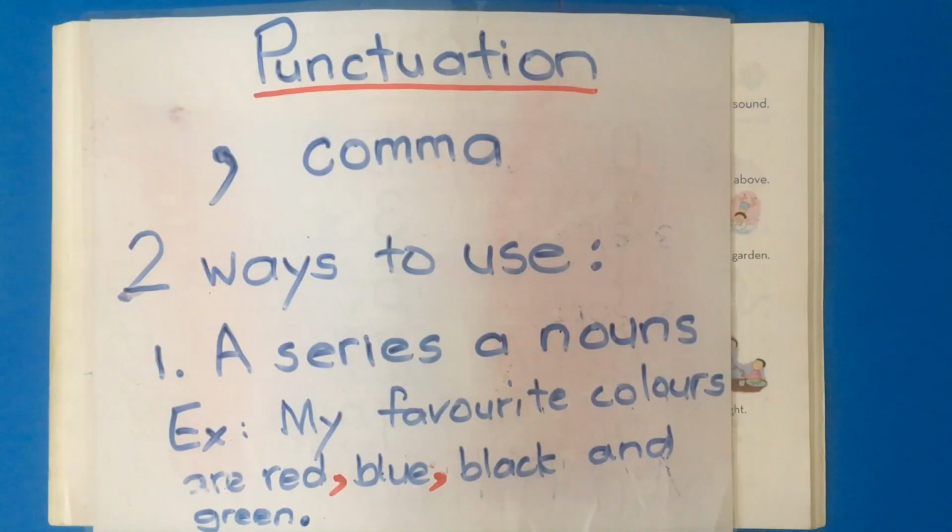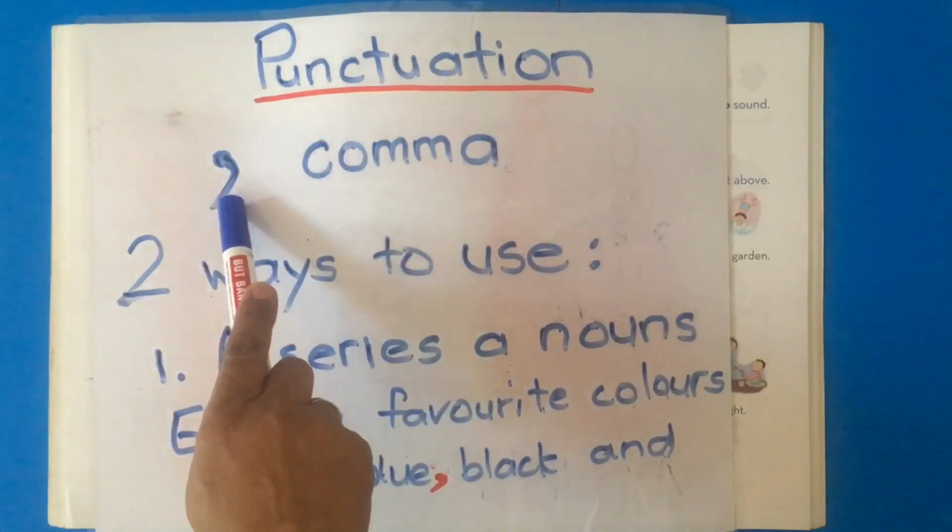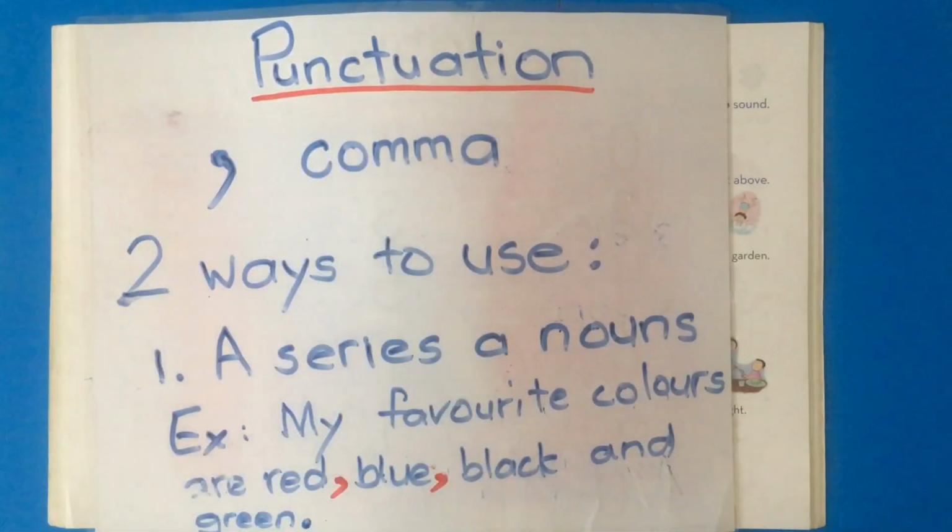So today we're going to learn something new called the comma. This is the comma, and this is how you write the word: comma, right? Now there are two ways that we use the comma. We use the comma when we are using a series of nouns.